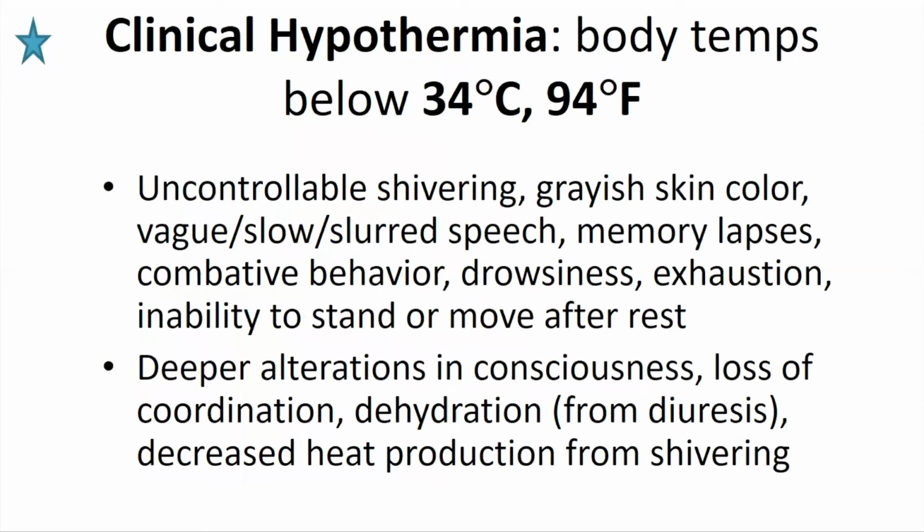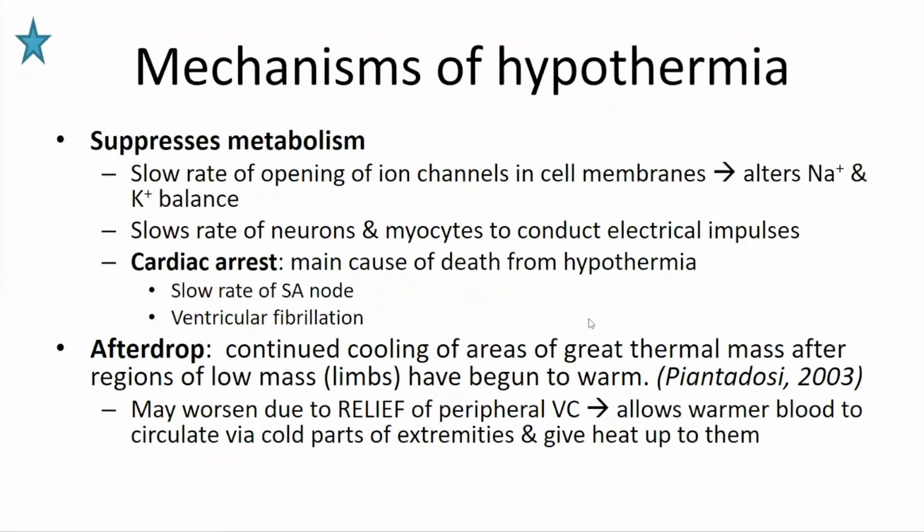So clinical hypothermia is defined as a body temperature below 34 degrees Celsius. And this is associated with uncontrolled shivering, slurred speech, alterations in consciousness, and people who do not come back from hypothermia usually undergo cardiac arrest, because hypothermia causes a slow rate of SA node firing, and this usually results in ventricular fibrillation.